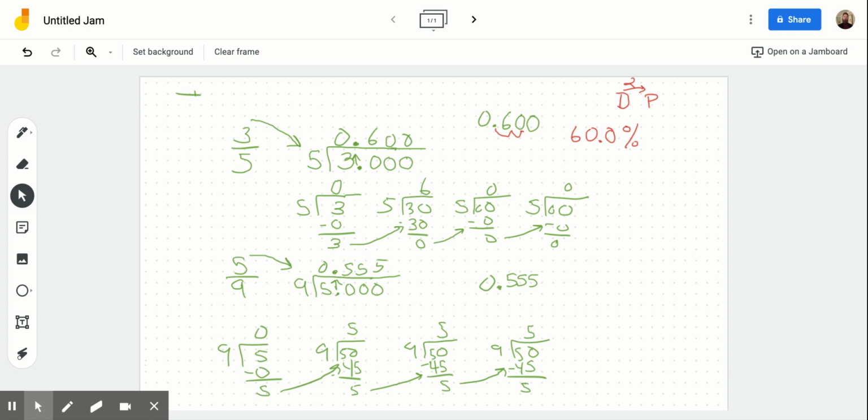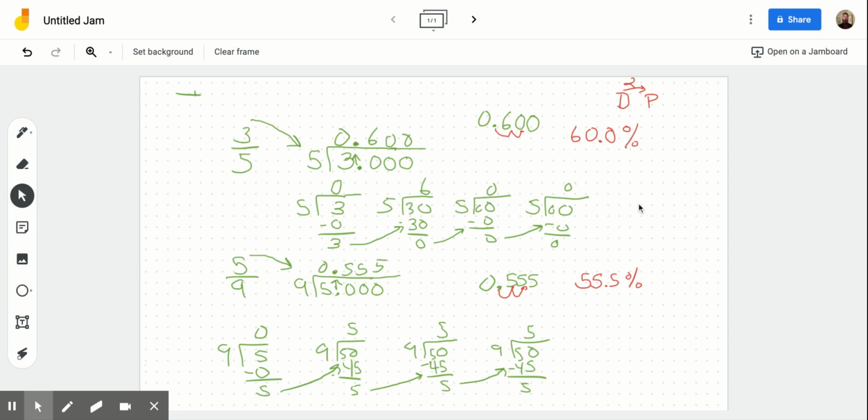If we move our decimal 2 places to the right, it becomes a percent. So all we got to do is go 1, 2. Now it's between the second 5 and the third 5. So our percent is 55.5%.